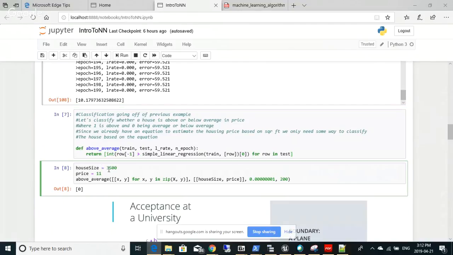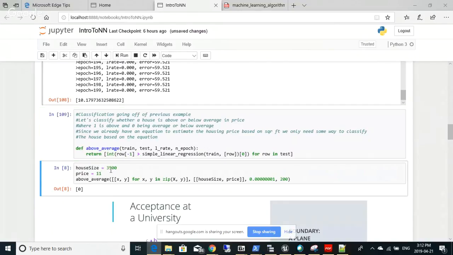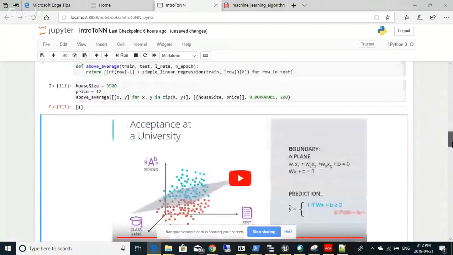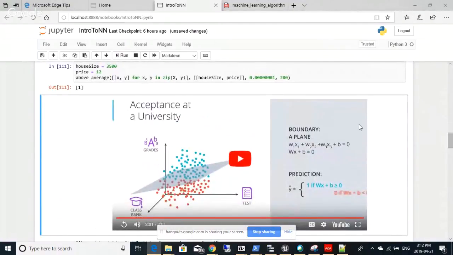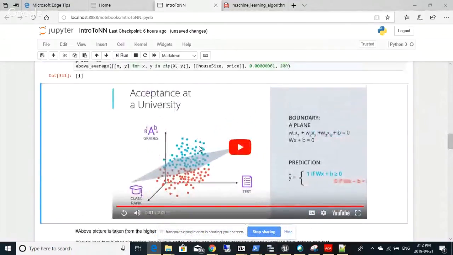Let me run this again. This one is a price of, say, 110,000, and that will be below average, right? If you put it as 120,000, it should be above average, right? This is one of the examples from the classroom that you can go to.